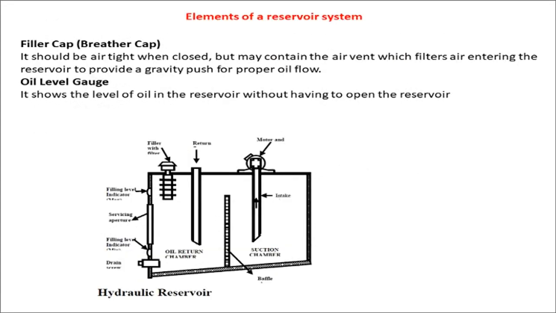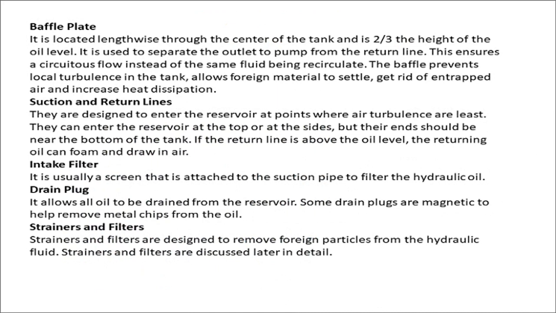So there are several parts: the baffle plate, the drain plug, and the level indicator. Baffle plates are used to separate the fresh fluid from the fluid which has already come from the system.